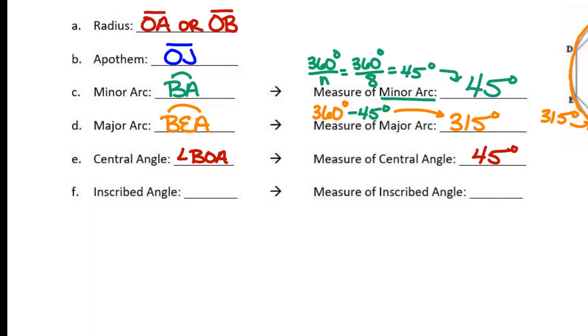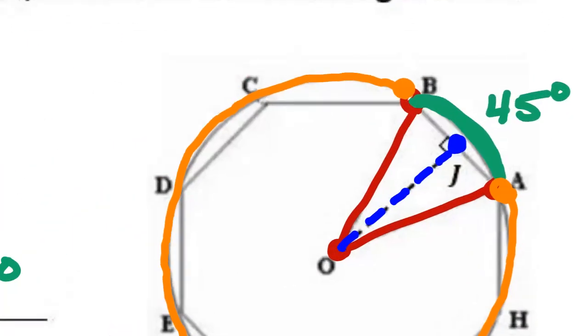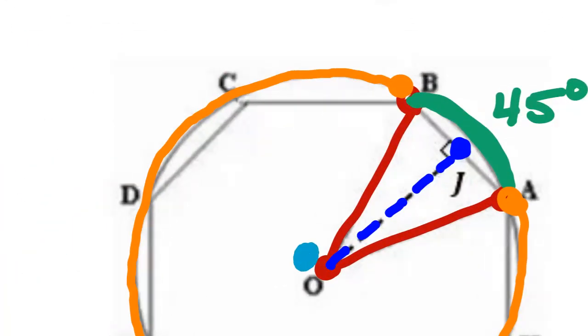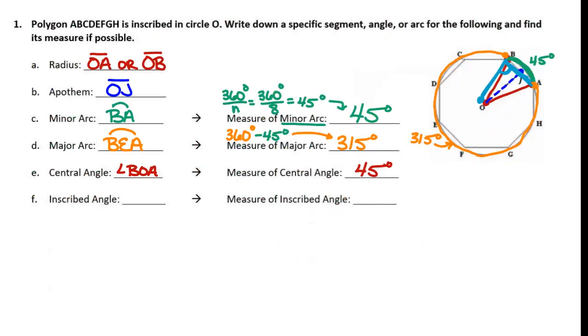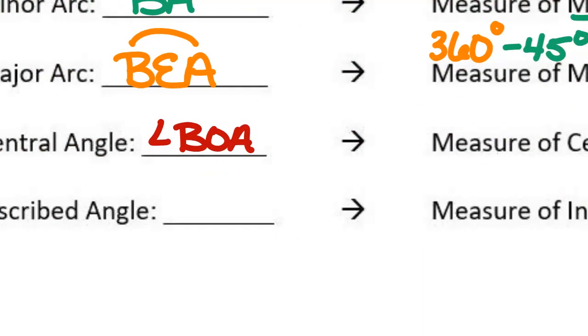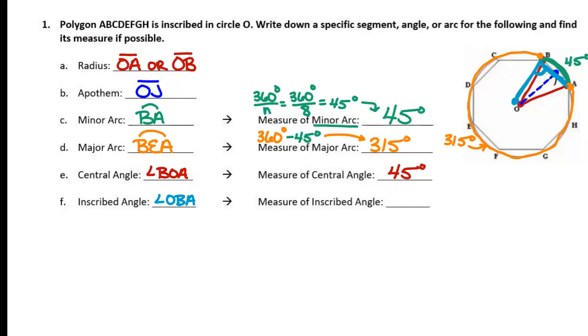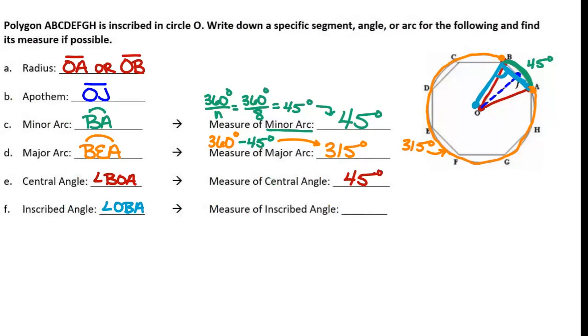Vertex for an inscribed angle is on the circle. The one that I want to look at with you guys is angle OBA, this angle right here. I want to figure out how big that angle is.